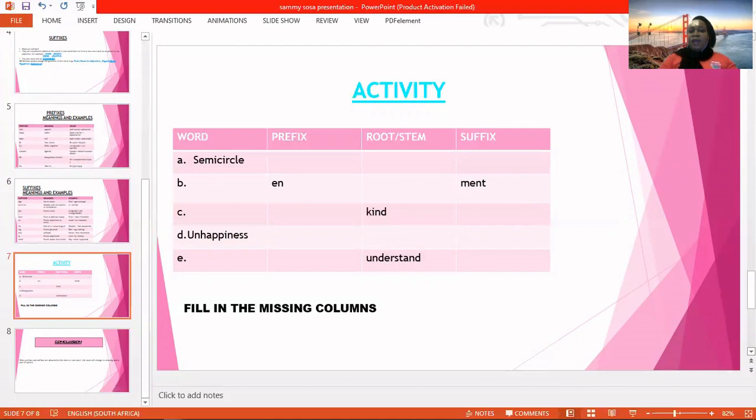We can think of a prefix as an and our suffix ing, an understanding. Or we can think of misunderstanding. That will be our activity for the lesson.